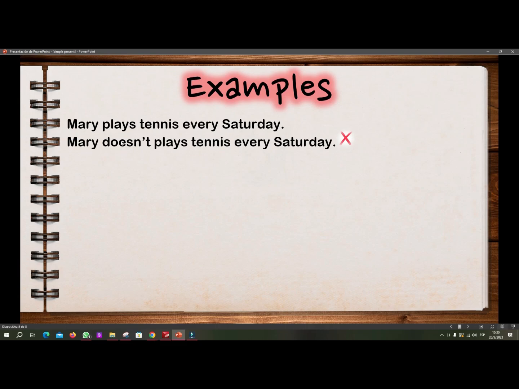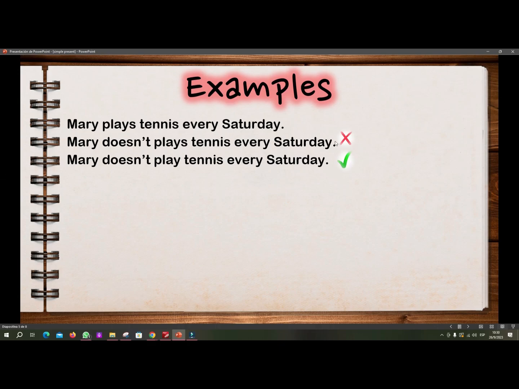Porque, ven, estamos utilizando el auxiliar doesn't. Por lo tanto, dijimos que el verbo acá lo vamos a utilizar en su forma base. Por lo tanto, no necesitamos la S. The correct form, it would be like, Mary doesn't play tennis every Saturday.